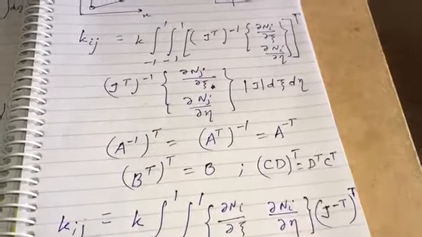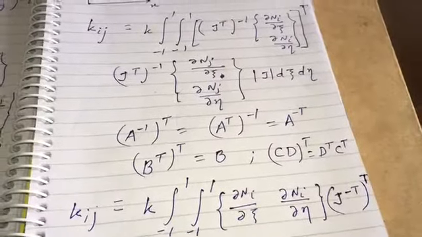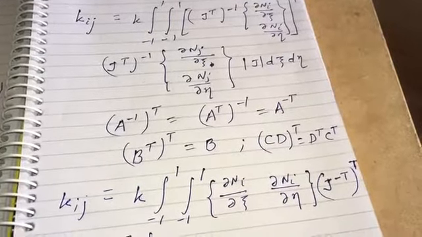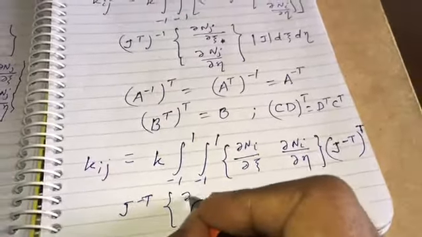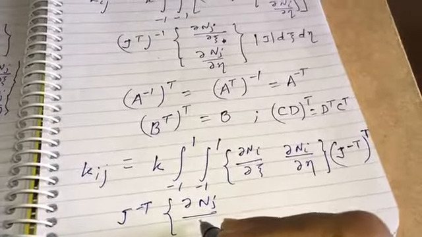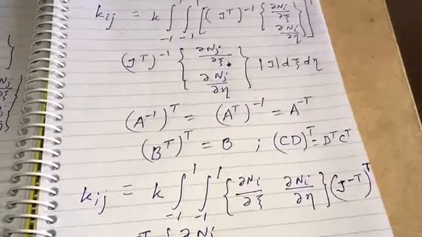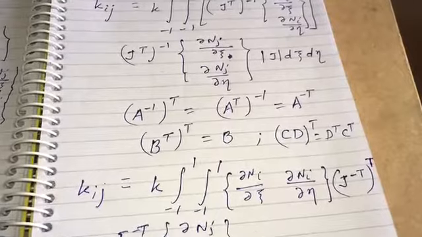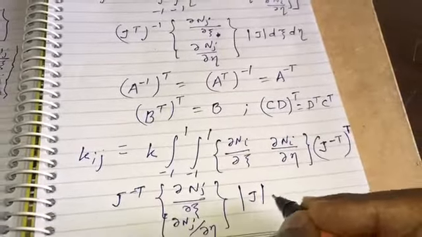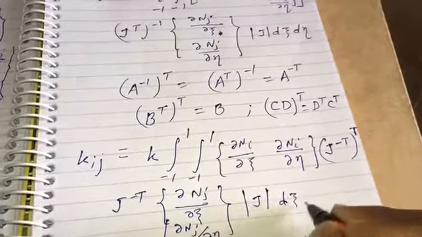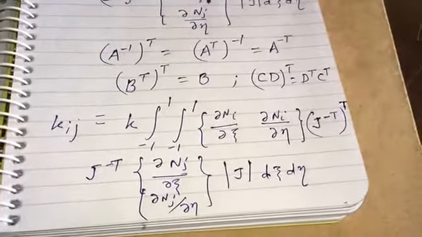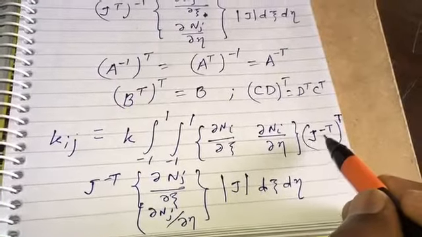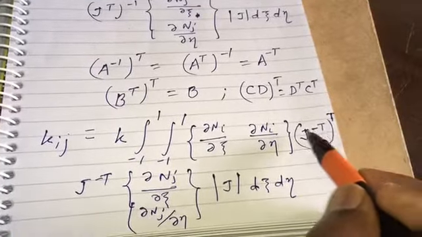Now for this one, we have J to the power minus T and del Nj over del xi, also del Nj over del eta, then the determinant of J and d xi d eta. Okay, so what we see here is J inverse transpose.